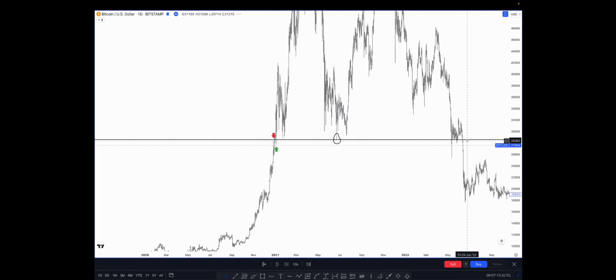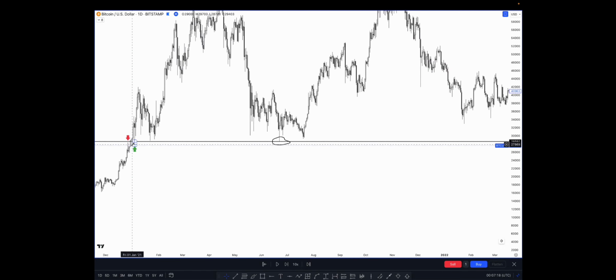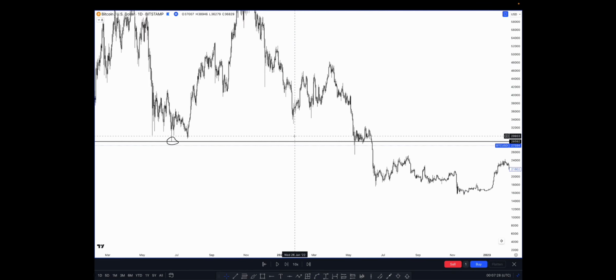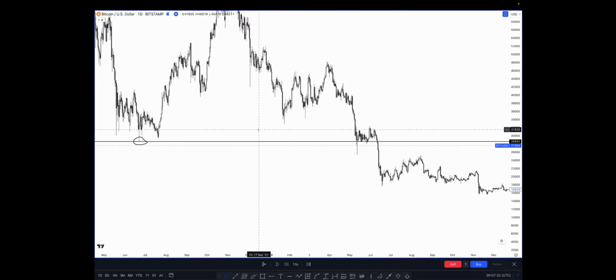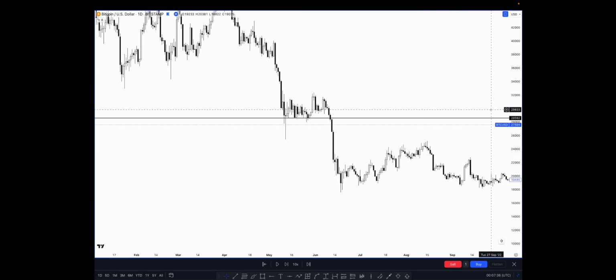So this pivot of 28,600 very, very clearly acted as support. It acted as support for all of 2021. It was the bottom of the market for all of 2021. Here, here, here, and that was it. That took us into 2022. So for an entire year, that was the low, right? The lowest point the price would go after we initially broke out.